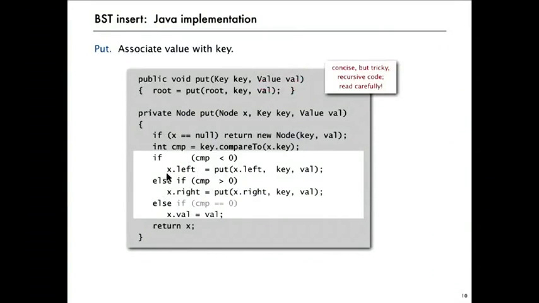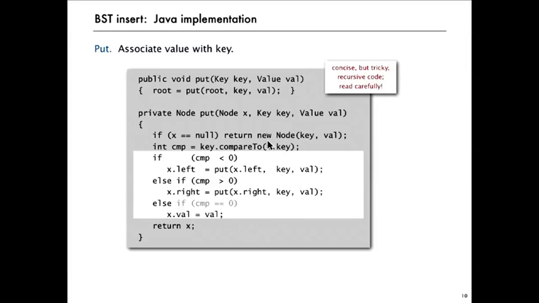We change our left link, which right now is null, to whatever put returns. So what's put going to return? Well, that left link is null, so what's going to happen is in that call, x is null. A new node will be created, and the link to that node will be returned, and that's the link that we'll put in the left. This is very concise code that otherwise would have to have various cases about saving which link we went down in order to reset that later on.